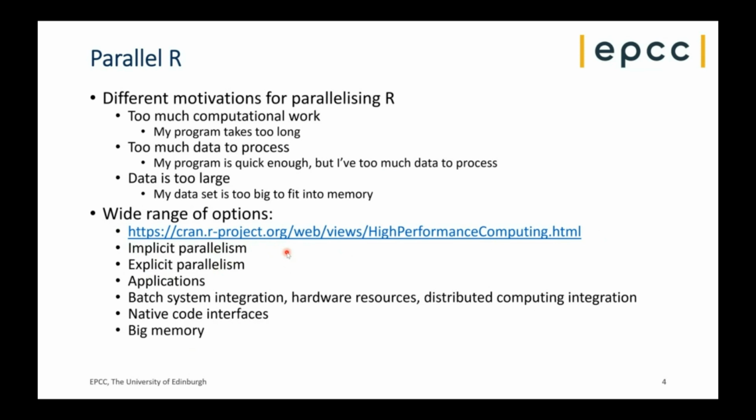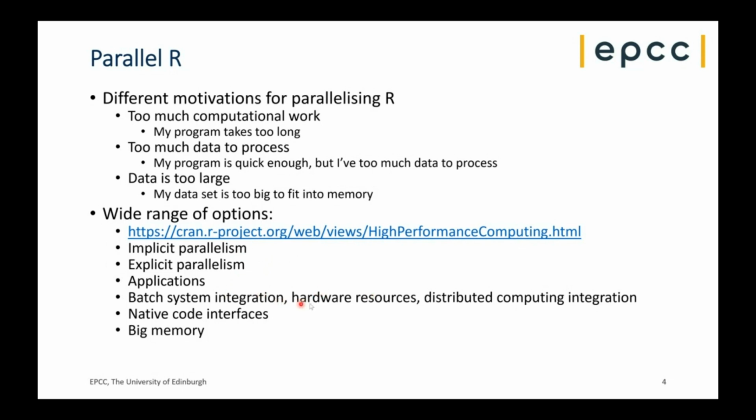Implicit parallelism is packages building on something underneath which gives you some parallelism. Just like we discussed for NumPy or Pandas in Python, there are a bunch of things in R which are automatically parallelized for you because they build on underlying mathematical libraries which themselves are parallelized. And then there are packages or approaches which let you explicitly do the parallelism. So there's Rmpi, and that lets you write your own parallel program in R.